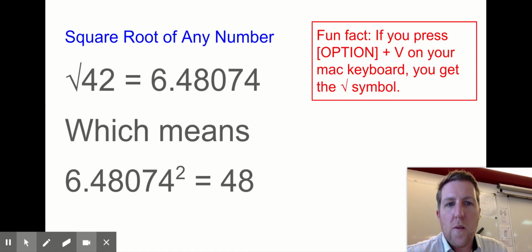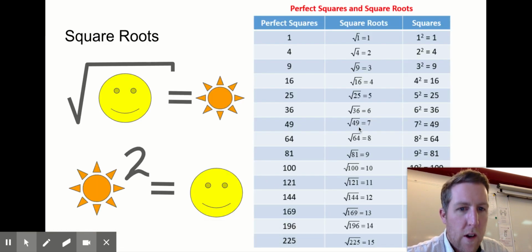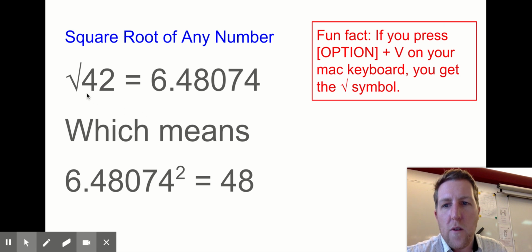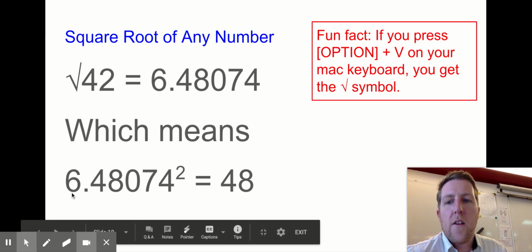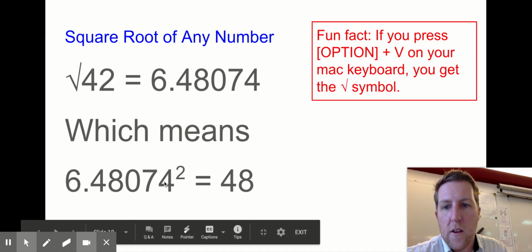You could take the square root of any number. So like 42, it's not in this list here. You notice that 36 is, 49 is, those are perfect squares, but 42 is not a perfect square. So when you do the square root of 42 on your calculator, you get this number, 6.48074, which really is saying if you took 6.48074 and multiplied it by itself, so 6.48 times 6.48, or 6.48074 squared, you would get 48.